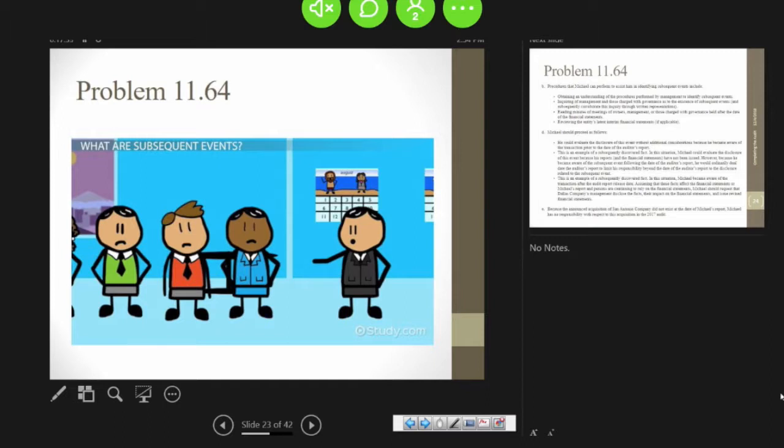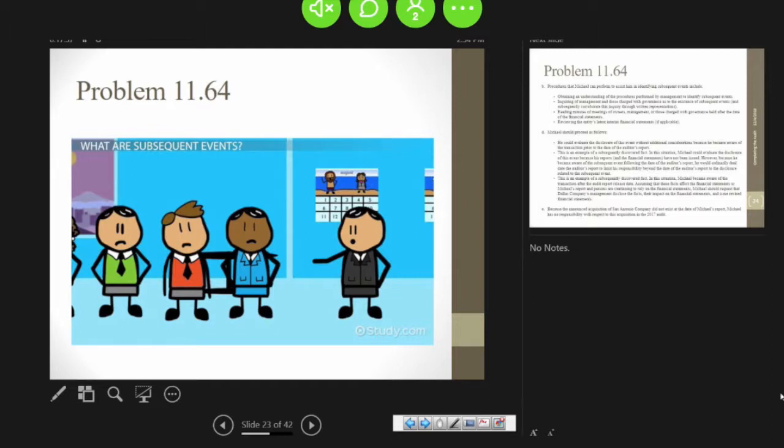So what the auditor has to do in that event is evaluate the situation and determine whether this is information that people relying on the report would consider important. They would advise the client to either reissue their financial statements or disclose the information. That's what they would do.